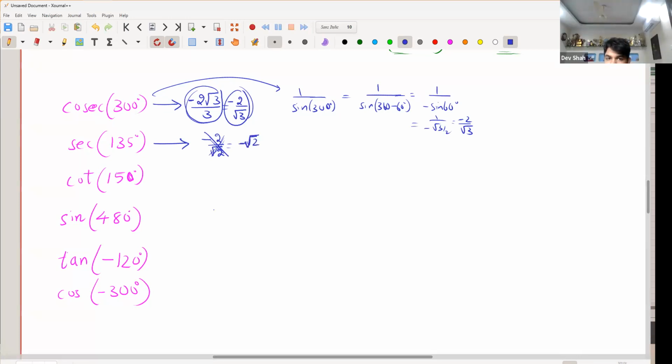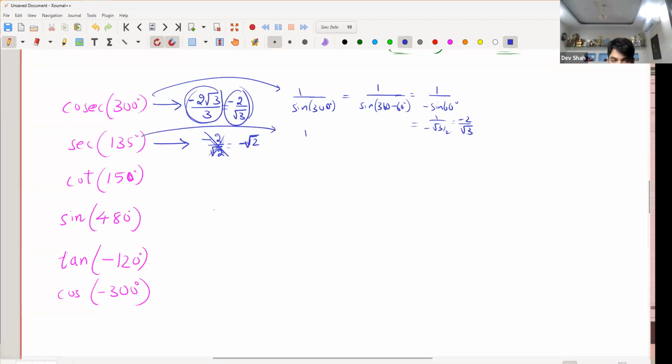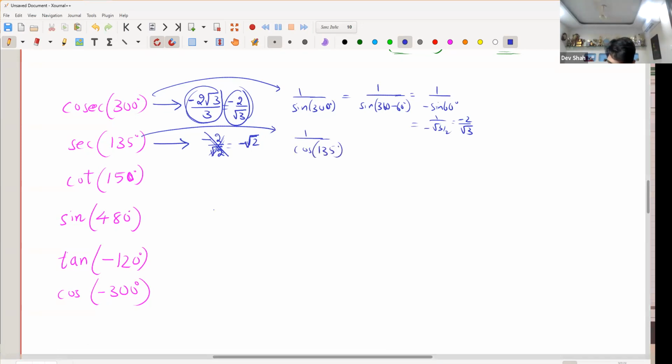If you think about it, sec 135 is 1 upon cos 135, which is cos of 180 minus 45, so it's 1 upon minus cos 45, because it's in the second quadrant.